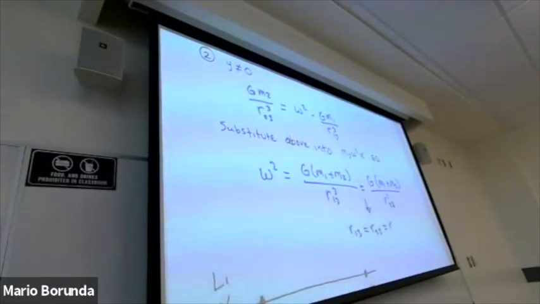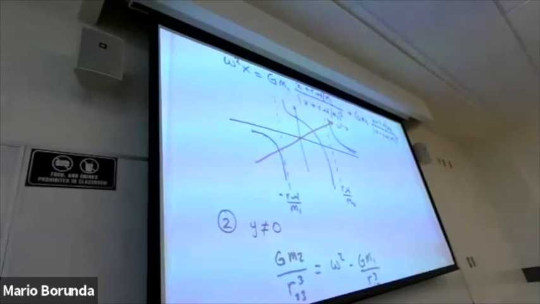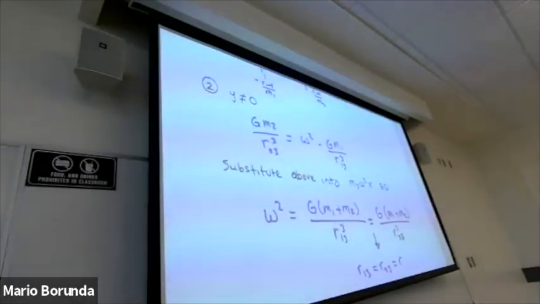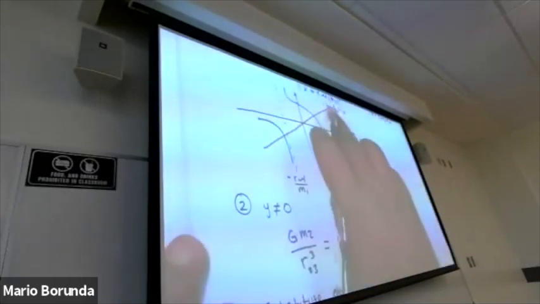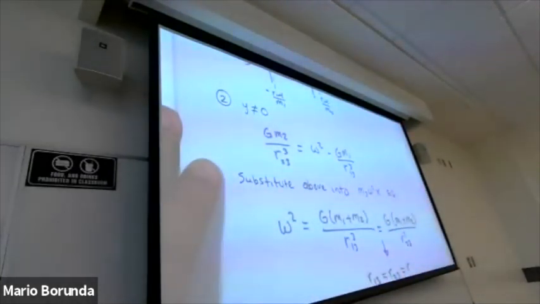I'll call it L1, L for Lagrange points. Then we have this other point over here. That one corresponds to somewhere around here. This is L2. And then the last one happens over here. So that one might be over here.